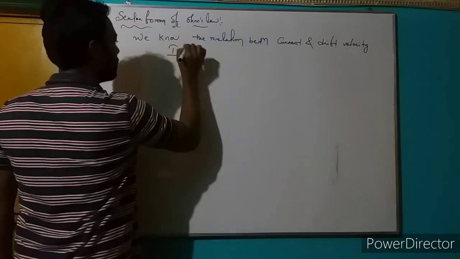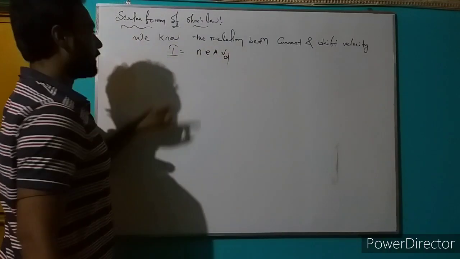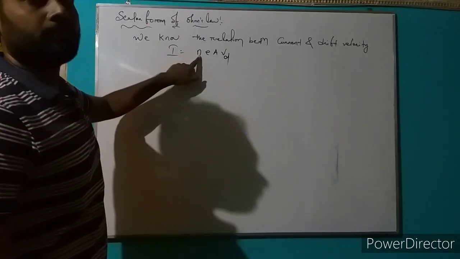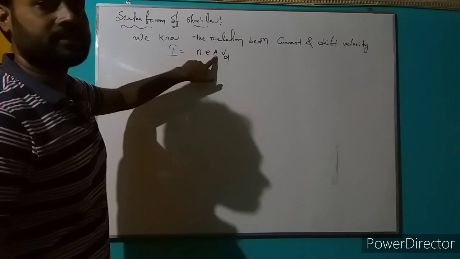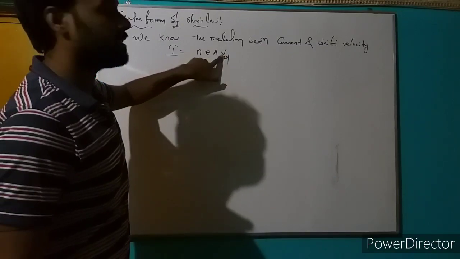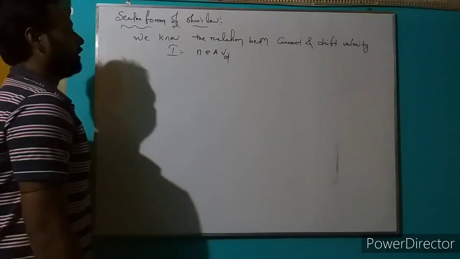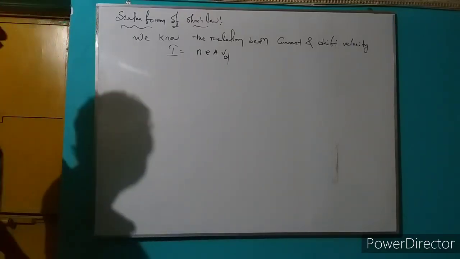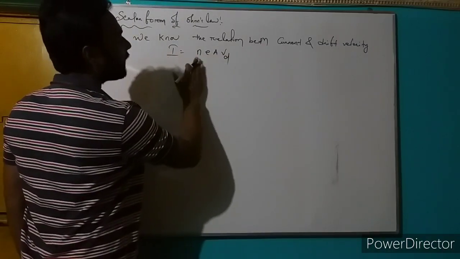So I equal to NEAVD. That means I equal to N, number of electrons per unit volume, E, charge of electron, A, area of conductor, and VD, drift velocity of electron. Clear? So we can say that I equal to NEAVD.